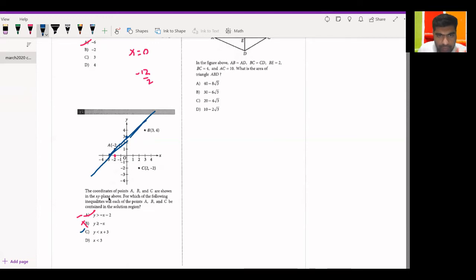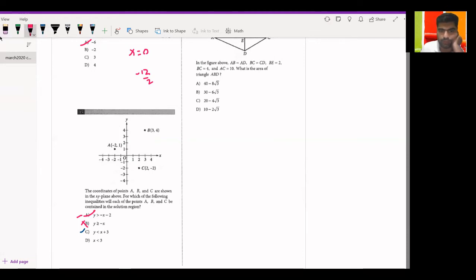X less than 3 is a vertical line. Obviously that won't work out because we're only talking about the points on the left side. We're not talking about the point on the right side. So I'm confused between A and C. It seems like C is the more appropriate one.